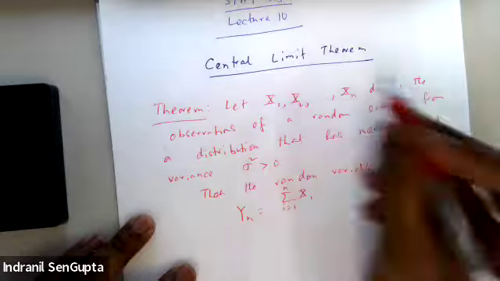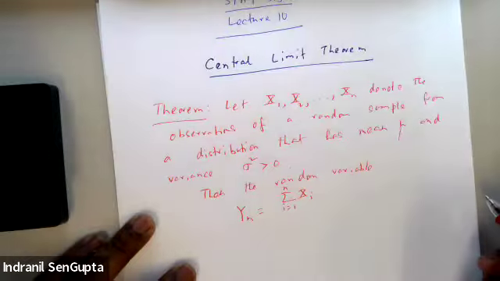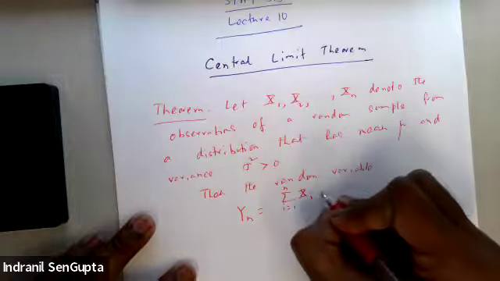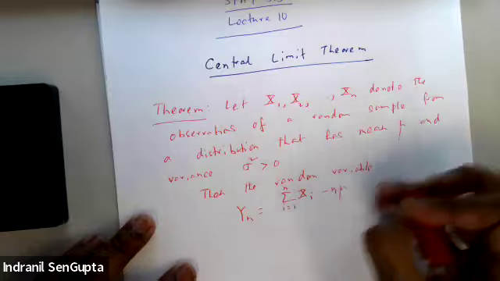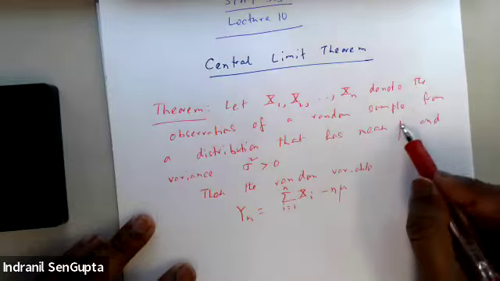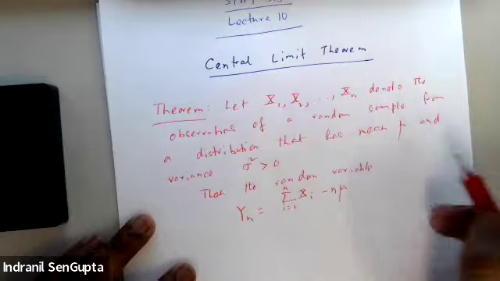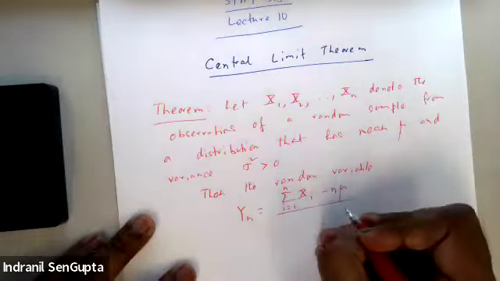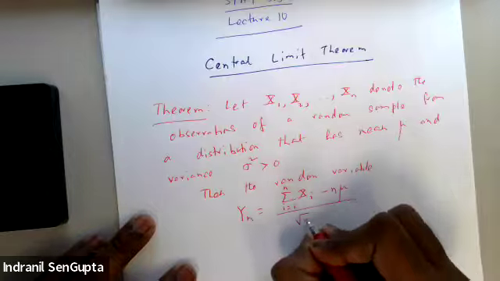That means we are adding the n samples. We subtract n times mu, where mu is the mean of each of those random variables. And we divide by square root of n sigma.